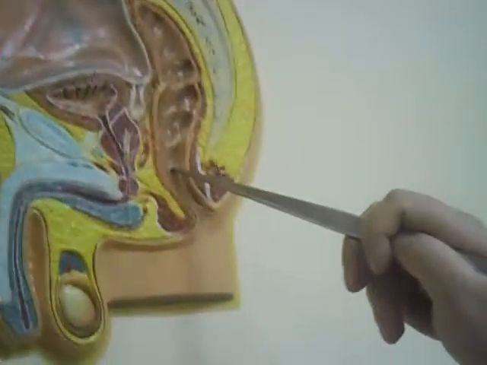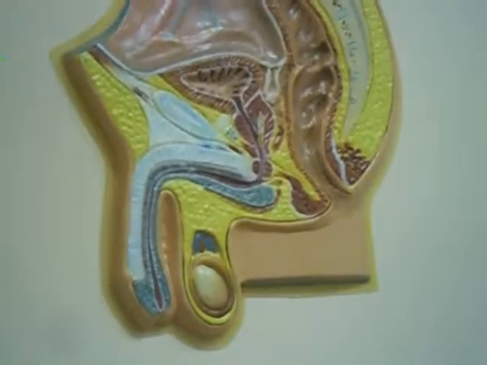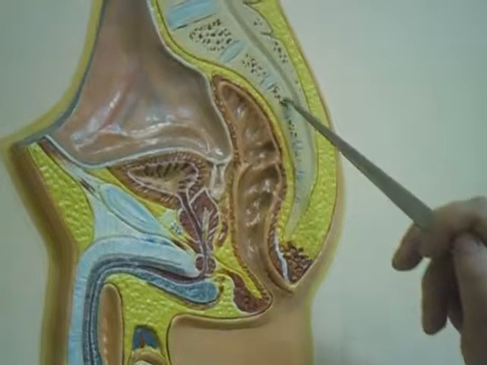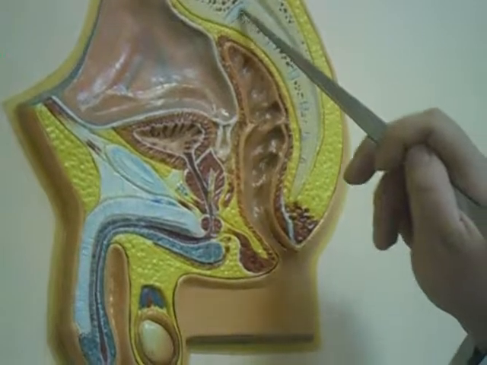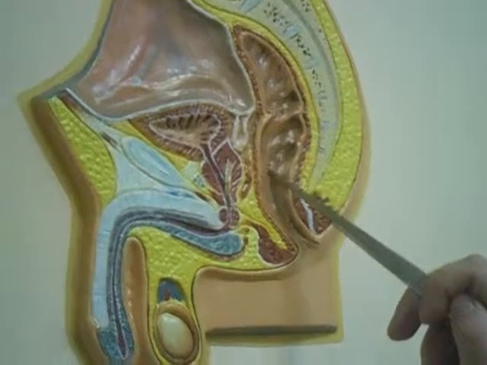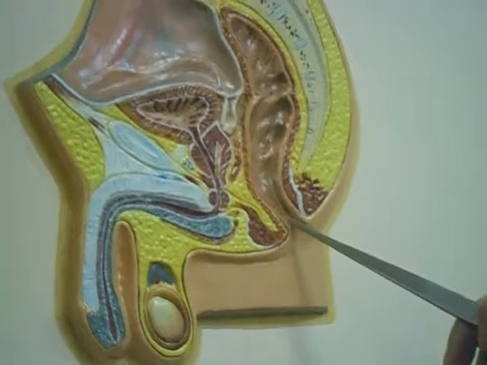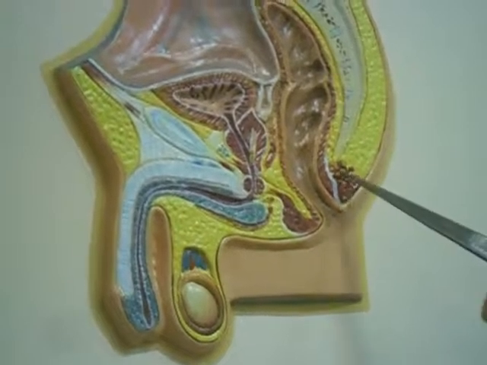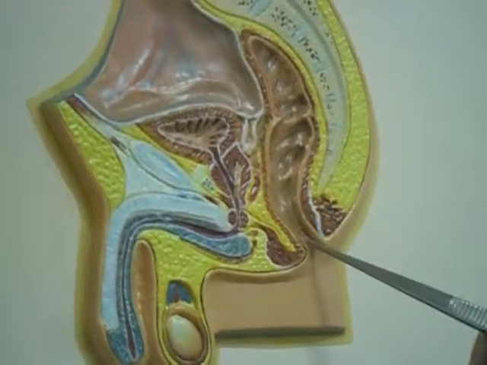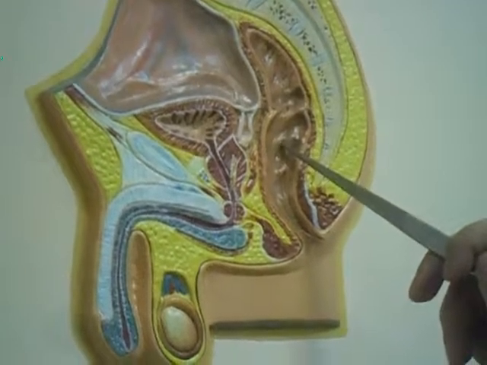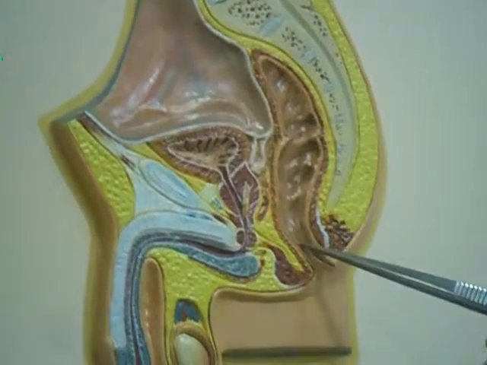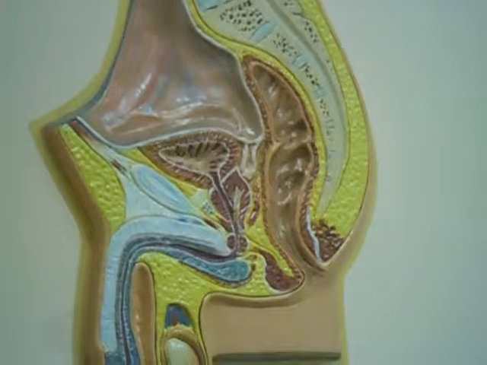And the last moment, look here, it is the rectum, and it has two flexures. The first flexure corresponds to the surface of the sacrum, flexura sacralis, and another, flexura perinealis, in the place where the rectum passes through the pelvic diaphragm. Flexura sacralis looks backward and flexura perinealis looks forward.